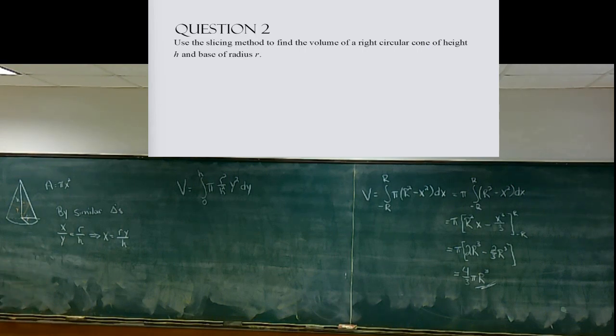Everything's going to work out the same. You could set that as a, and go a to h plus a. This is just the easiest setup. Because whatever this value is, the cone has height h, so at the top, it's going to be whatever that initial value is plus the height of the cone.